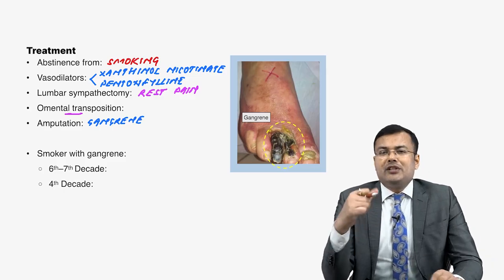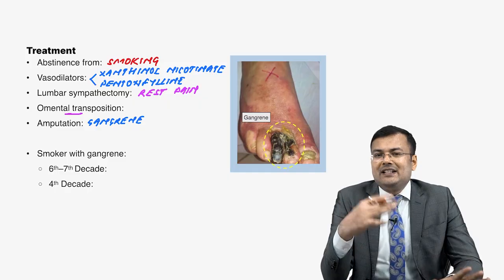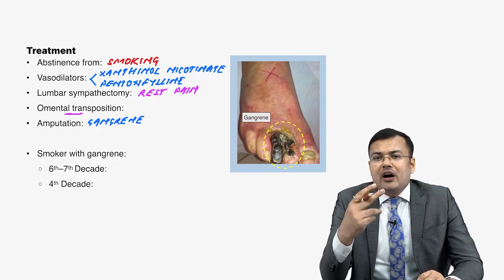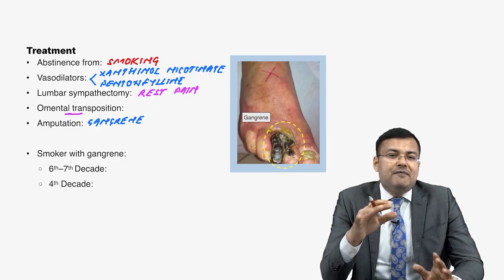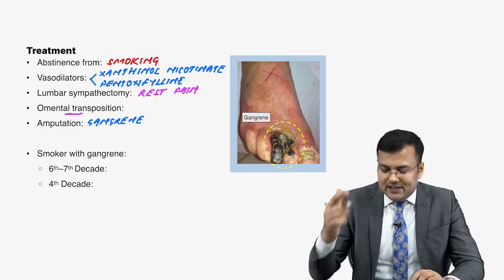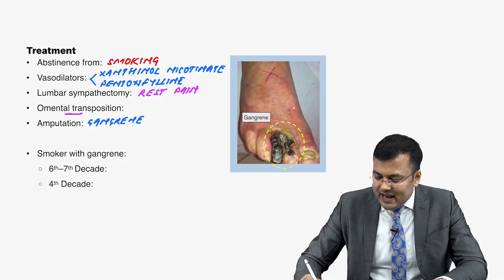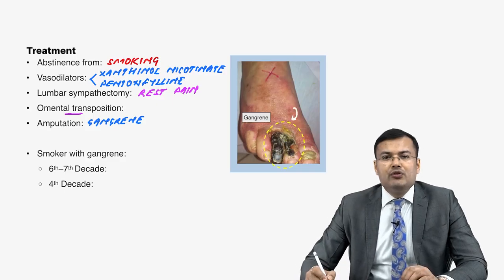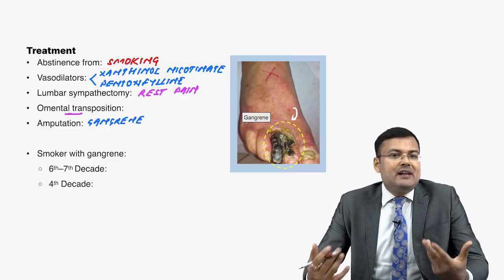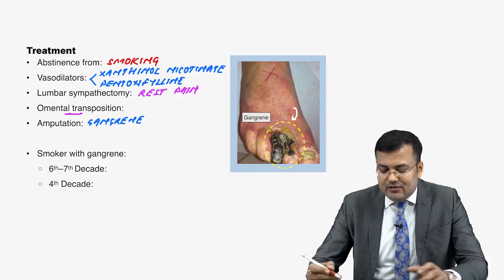Now let me discuss a question which was asked in one of the latest exams, and most of the students marked the wrong answer. See, a chronic smoker, male, age 65 years, presented to you with gangrene. Can you see? Gangrene of the toe. What is the most common cause? Obviously, the most common cause of peripheral arterial occlusion is atherosclerosis.